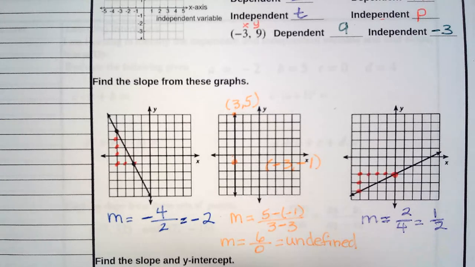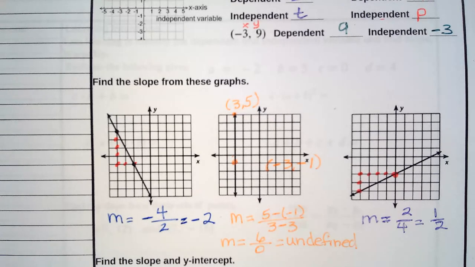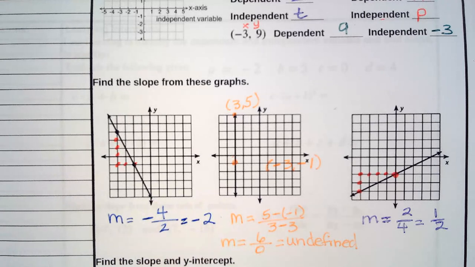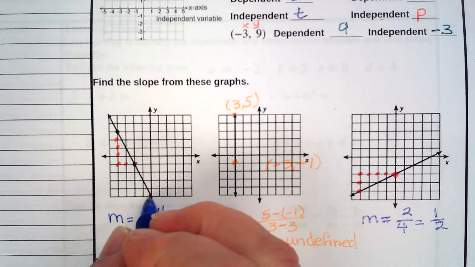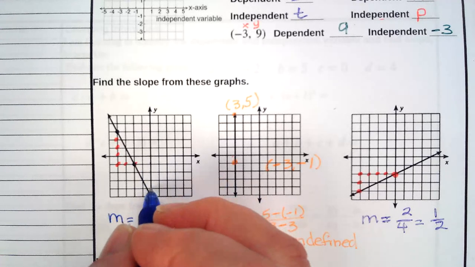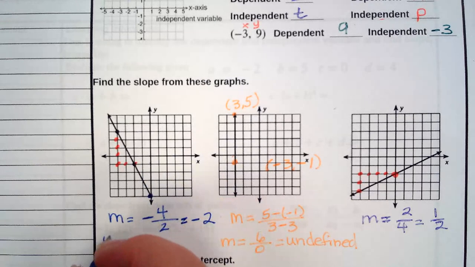Okay, now we're getting ready to look at the y-intercept. The y-intercept is where it crosses the y-axis. So if I look at the first one here, my y-intercept is clear down here. Negative 1, 2, 3, 4, 5.